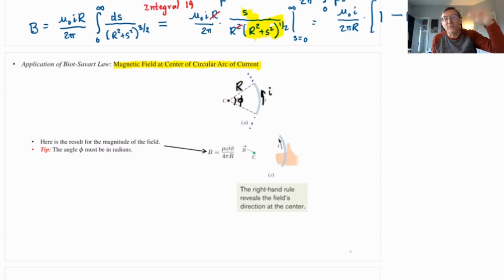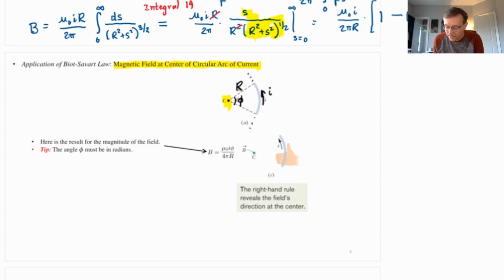Unlike the previous problem for the infinitely long wire, where I have an answer for the magnetic field that can be used anywhere, this answer is only going to work at the center of curvature, C. So it's somewhat limiting, but it can be helpful to know. Again, it comes from the magnetic field law, and I'm going to show you where it comes from. But first, I'm just going to tell you the answer for the magnitude and the direction.